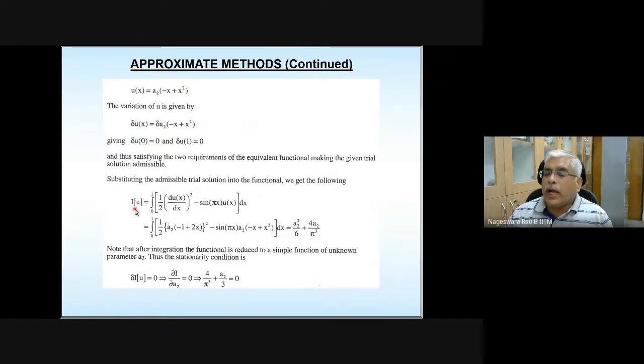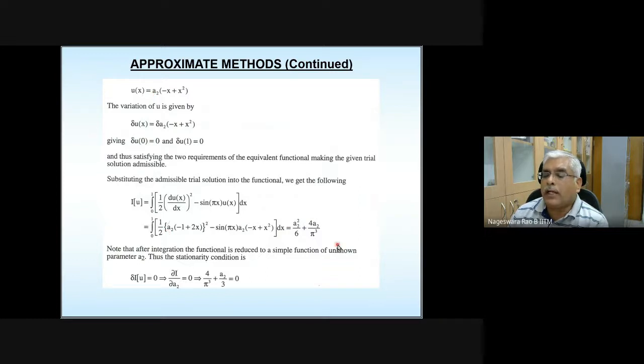And now I as a function of U, when you substitute all this, I becomes a function of unknown parameters. How many unknown parameters are there in the admissible trial solution? Only one parameter is left, A2.